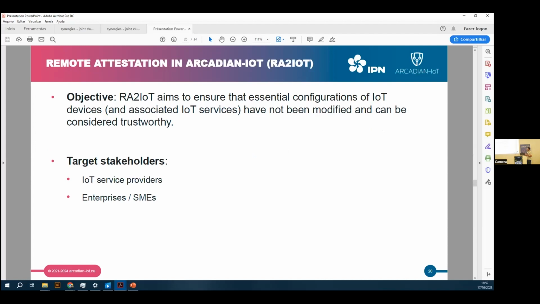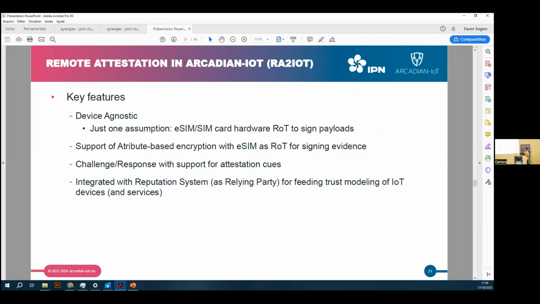Our solution has the following key features. It must be device agnostic, so that you can support a wide range of services. The only assumption that we make is that the device must have an eSIM or a SIM card as a hardware root of trust to sign payloads. It supports attribute-based encryption using the eSIM as a root of trust to sign the evidence.